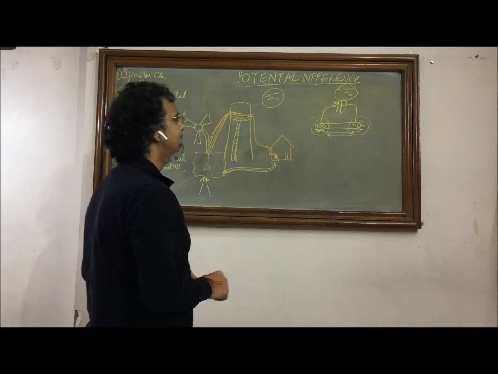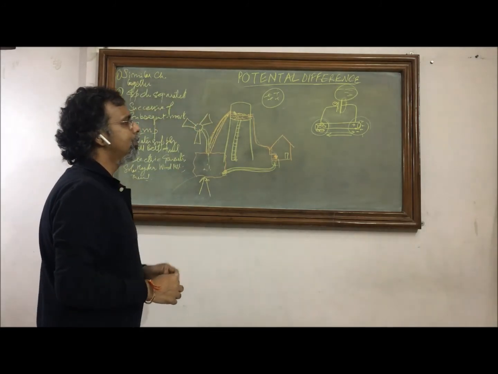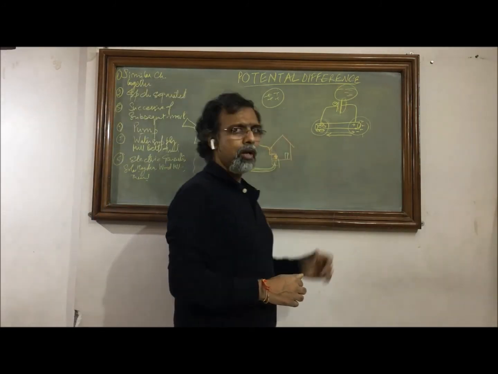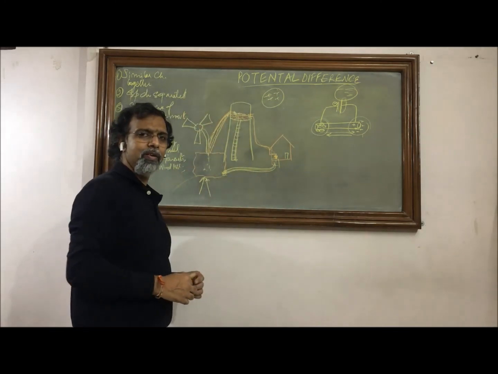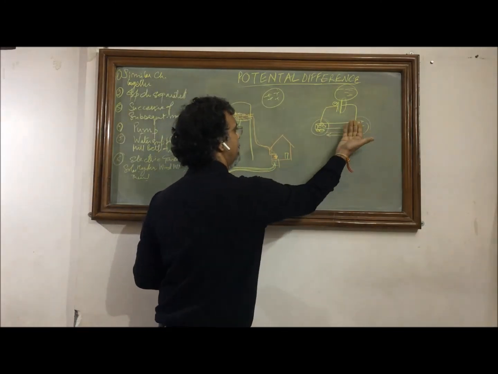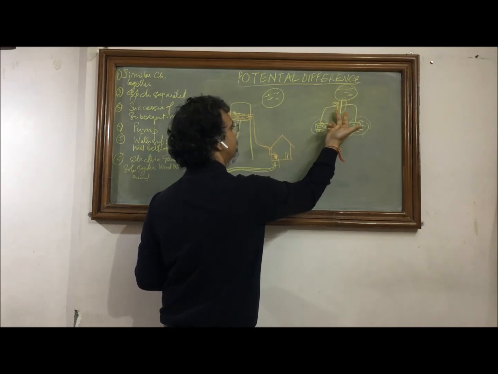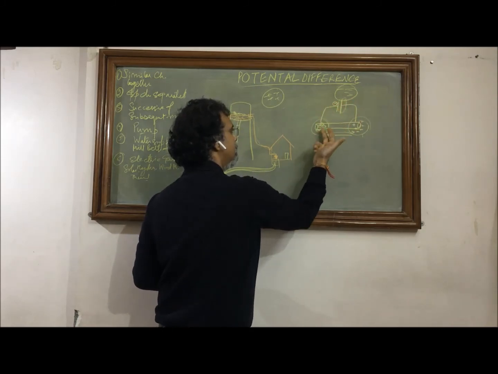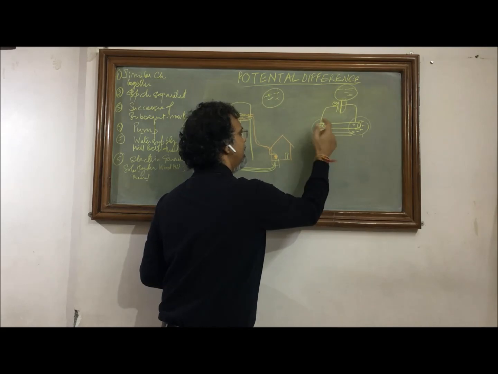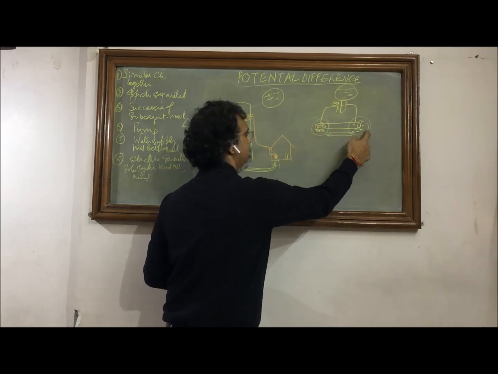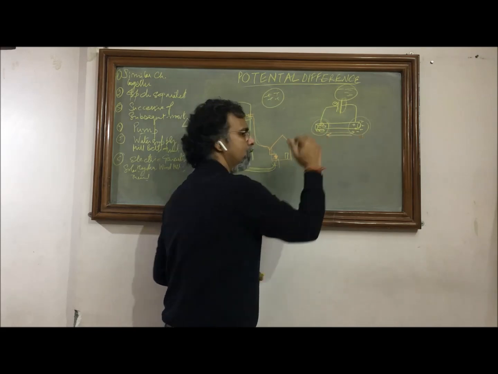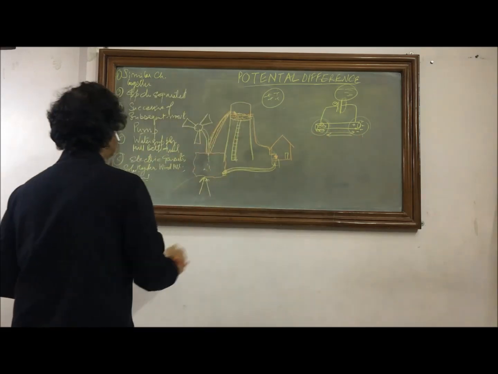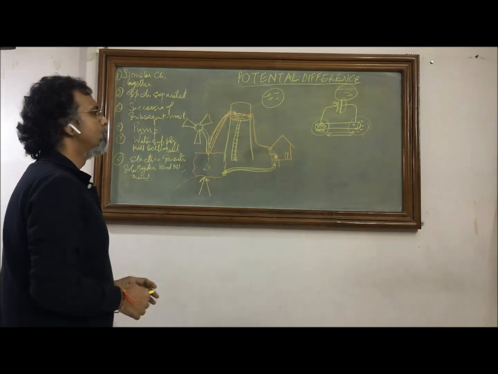Now the catch here is what is being done by the battery. So there is a chemical reaction that takes place, so chemical energy is consumed, some chemical is consumed, and electrons are picked up from this part, electrons are given at this part, so that the number of electrons is maintained at this end and the number of positivity is maintained at this end, and electrons flow from this to this. So this is how you maintain a constant voltage current.